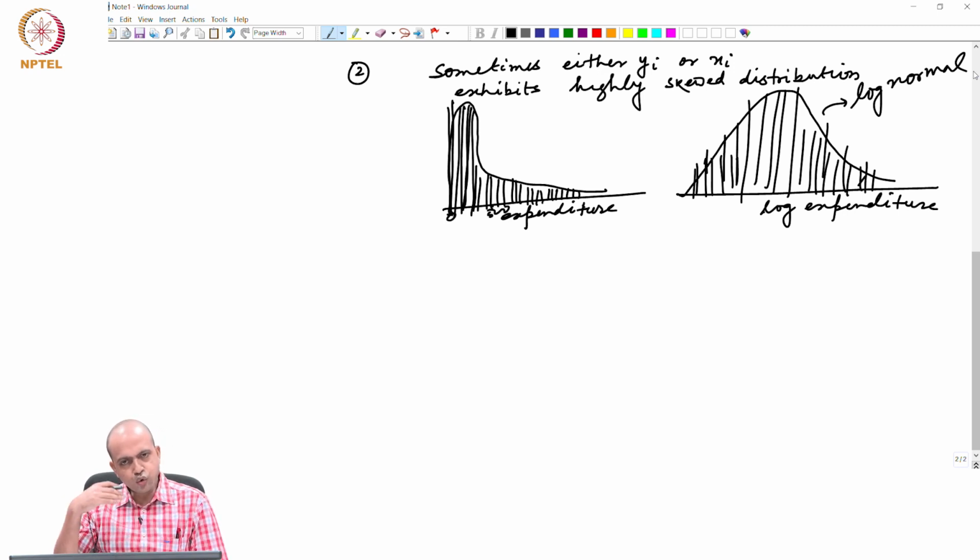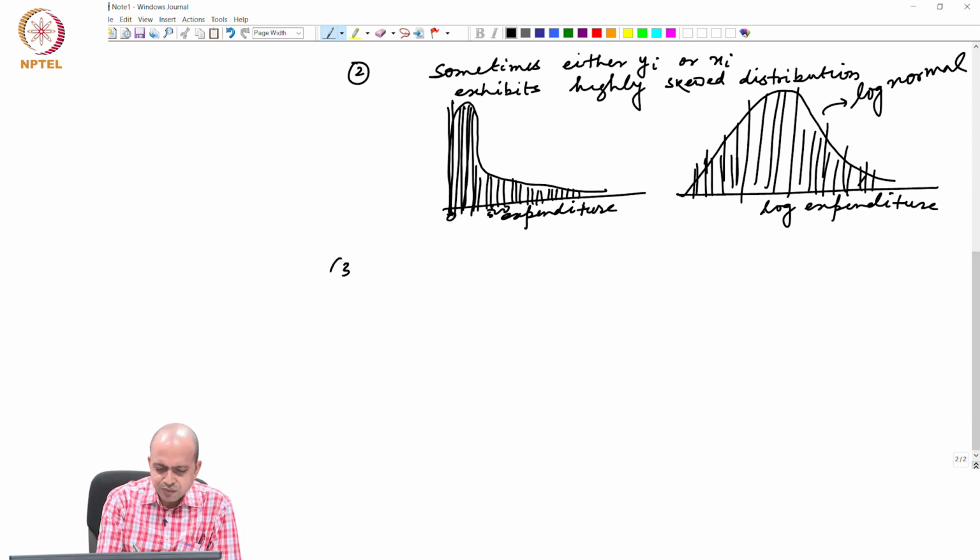So, what you do, you transform the variable into logarithmic transformation, and the resultant distribution of the log transformed variable shows more or less the normal distribution, which is known as log normal distribution in the literature. Okay. So, these are mainly the two reasons for which we can transform either the dependent or independent variable into log.